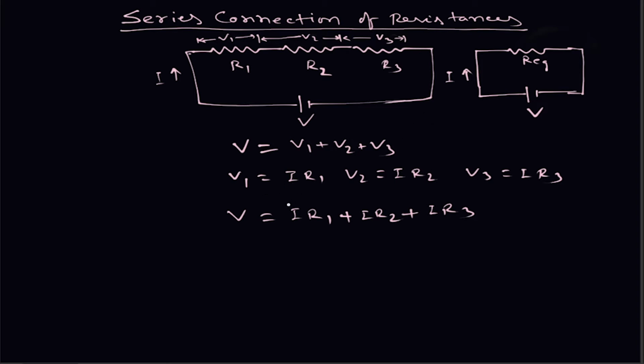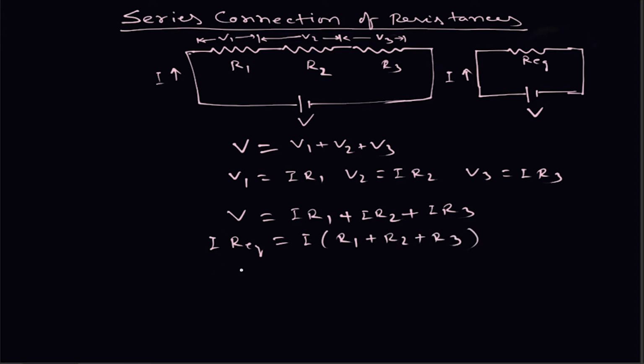Now this voltage V, from the equivalent circuit, you can observe that this circuit also obeys Ohm's law. So V is equal to I R equivalent. So you can write I R equivalent is equal to, taking I common from all this, I times R1 plus R2 plus R3.